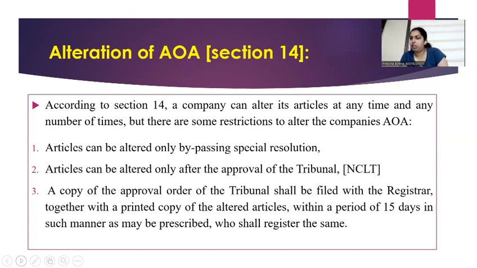If you've changed the Articles of Association, you need to submit all of that to the registrar. You need to submit the resolution, the approval, and also a printed copy of the altered articles. Now, some companies submit only what they've altered, and some other companies submit the entire thing.